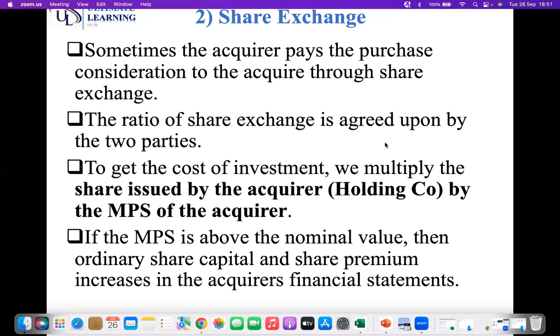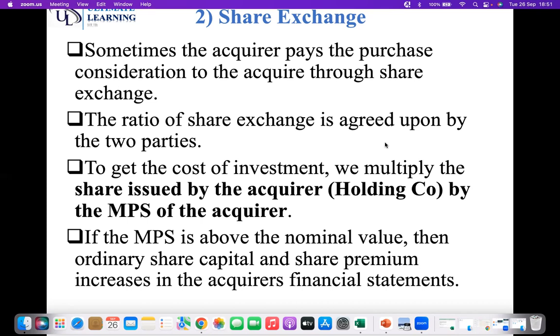I'm repeating: to get the cost of investment when there is share exchange, you take the number of shares acquired times the ratio of parent divided by ratio of subsidiary times the MPS of the parent. Because you are giving the subsidiary new shares in the parent, it will introduce new shares, and we will need to consolidate them.